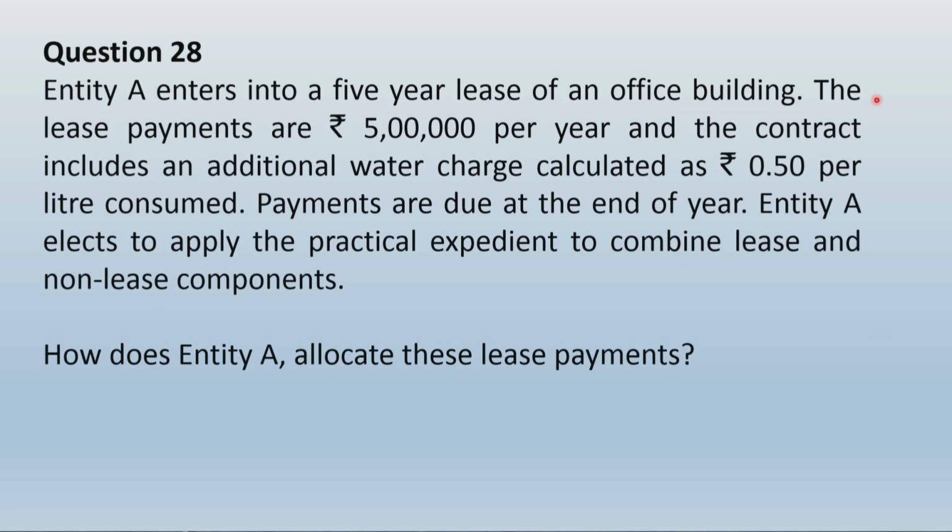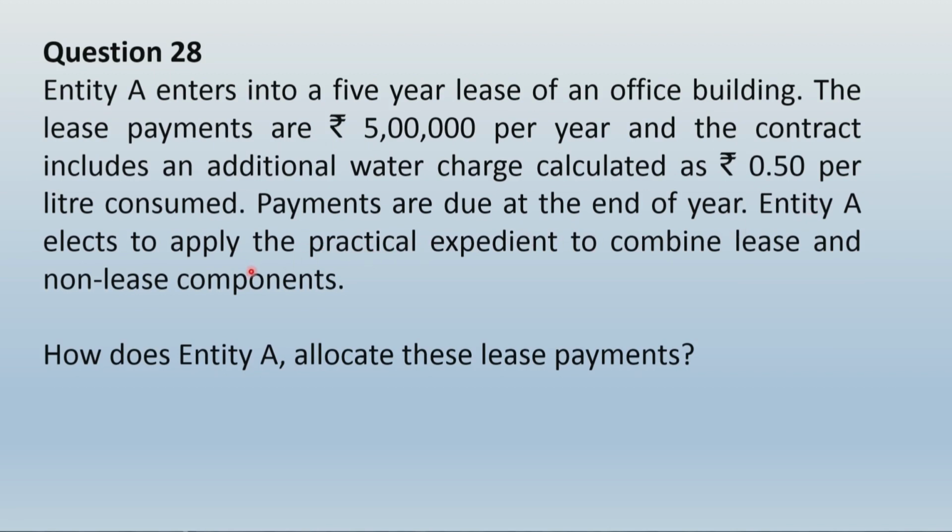So what we find over here, there are two components. One is the lease of the office building and another is the non-lease component, which we find as charges for water consumption. So we can definitely find one lease component and one non-lease component included in the contract. However, the nature of this non-lease component is not a fixed payment but a variable payment.